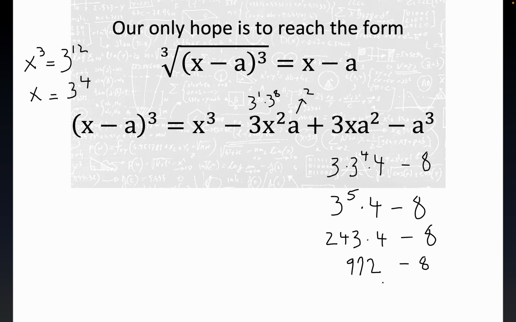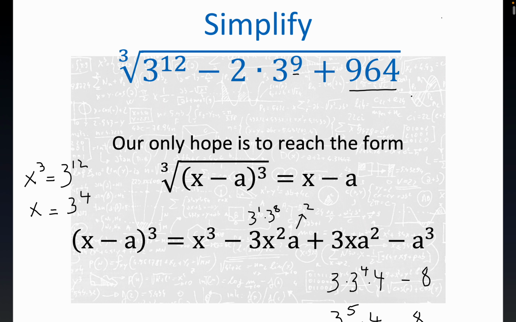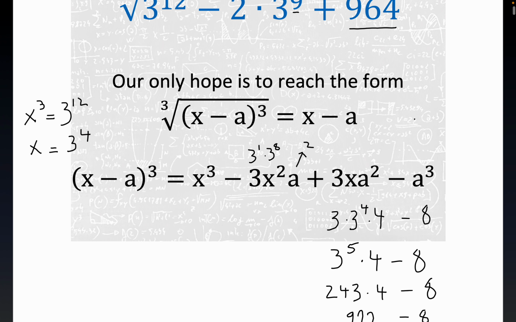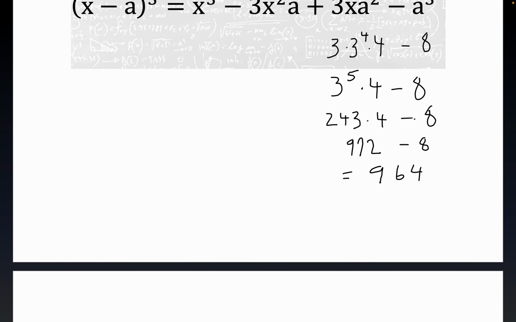Okay, so notice though that is the constant that was here. So you see that again, this thing was just designed to work. All right, so this and this line up, right? Okay, so that means that we're in good shape here because we now know that this would be equal to x minus a, right?